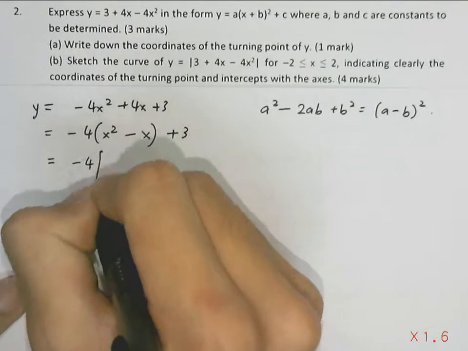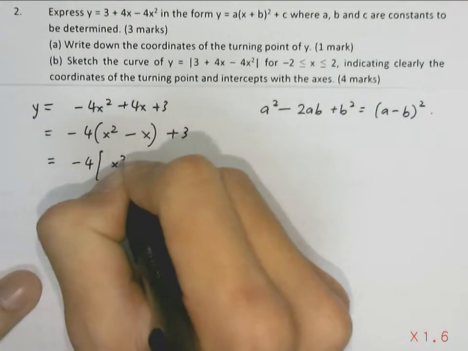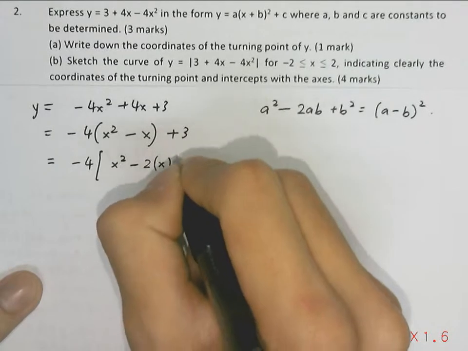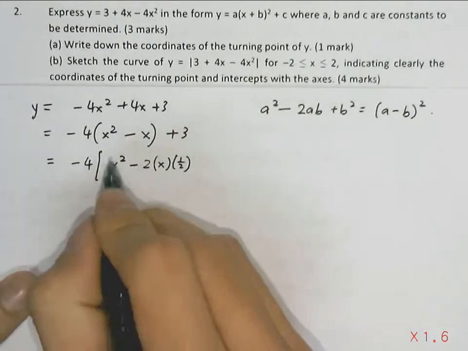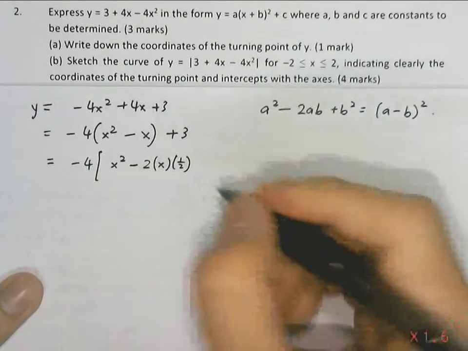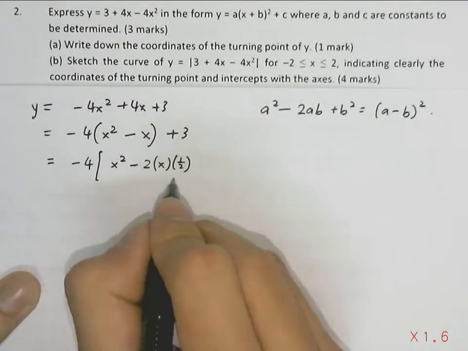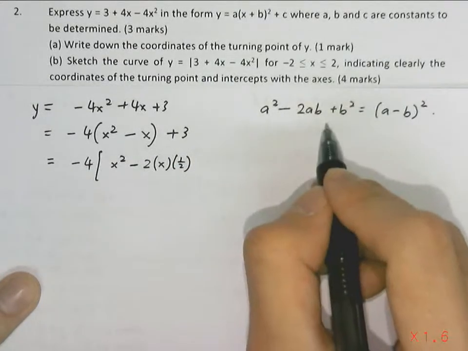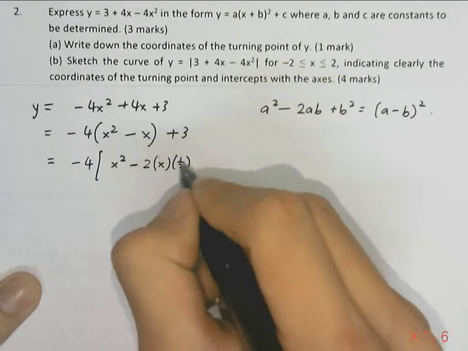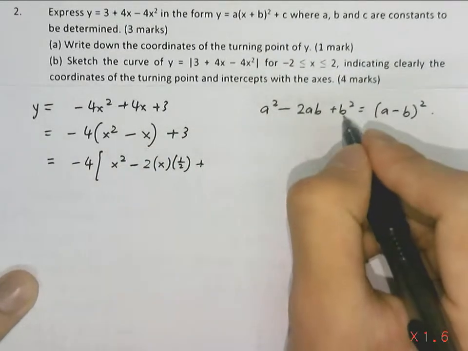So we can rewrite this form like this: x squared minus 2x and a half. So these two terms will still be the same. Comparing this with the form that we need to achieve, we have an extra half here. So we need this plus half square.